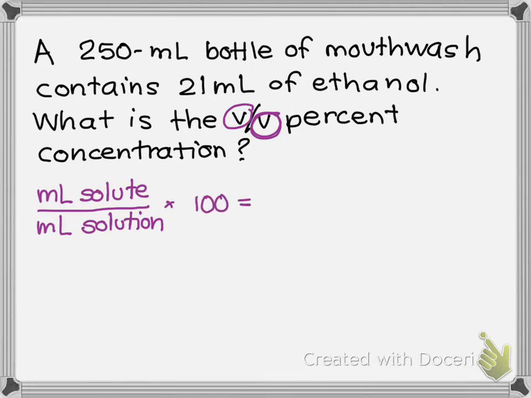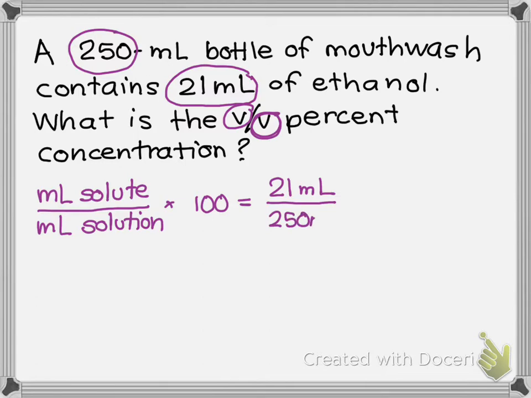So looking at this problem, ethanol is my solute, which would always be the smaller amount. So this is 21 milliliters of ethanol, and it's in a 250 milliliter bottle, so that's how much solution I have, times 100.